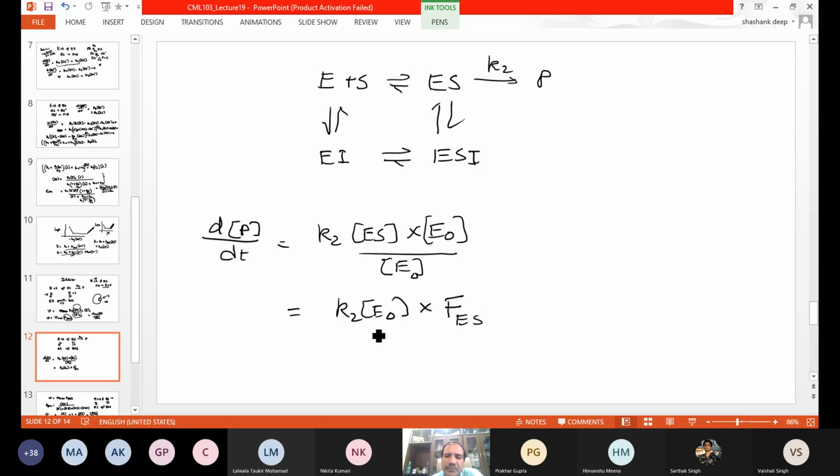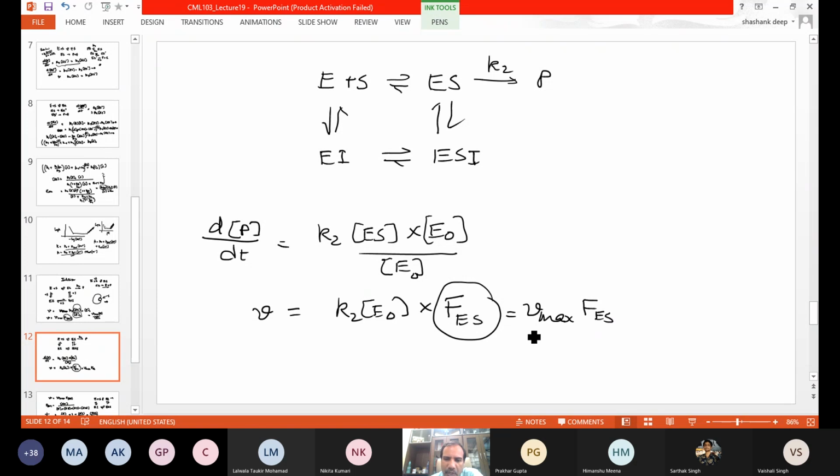So basically you have to calculate fraction of ES, and then you can express dP by dt, which is your V. So if we can do that, it is very easy to know rate of reaction, and then do 1 by V. So this is Vmax into FES. Please keep this in mind.